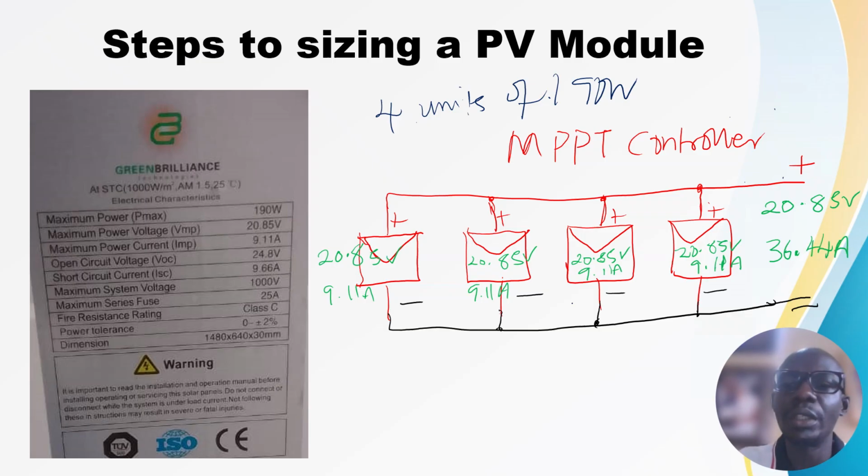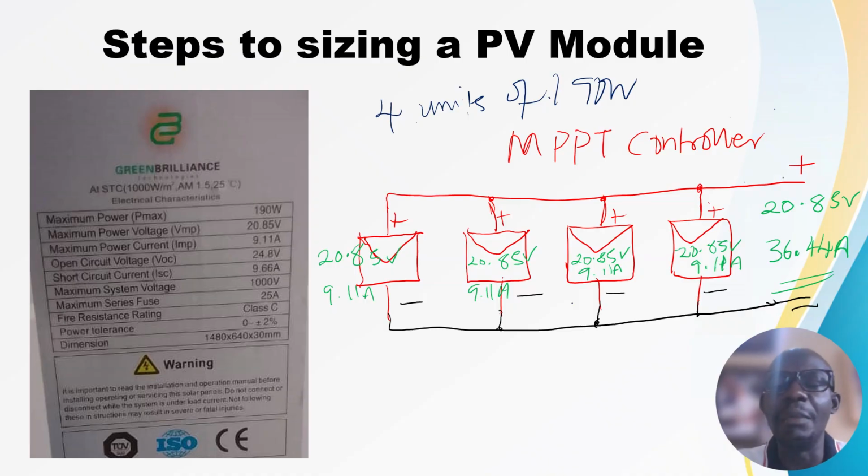So that would be the output if you connect in parallel. When you connect in parallel, the voltage remains the same, but the currents are added up.